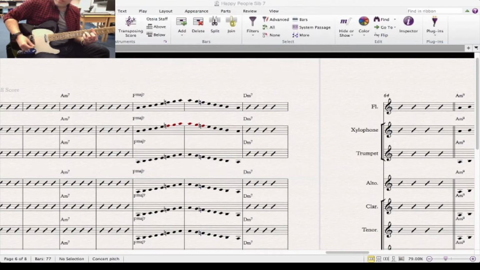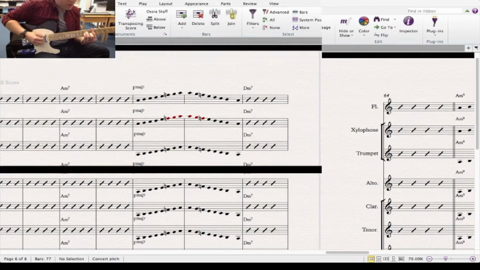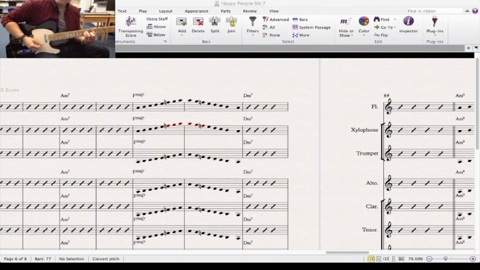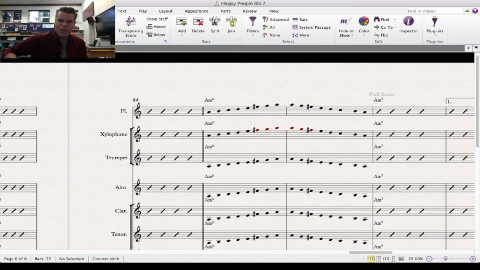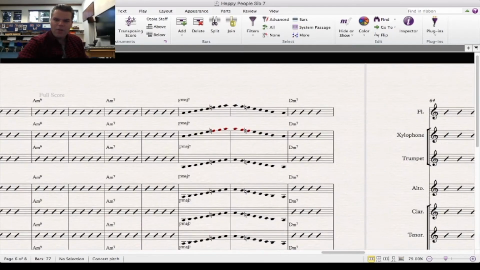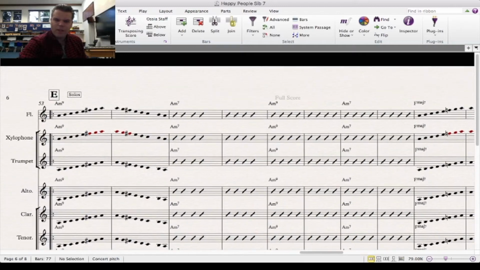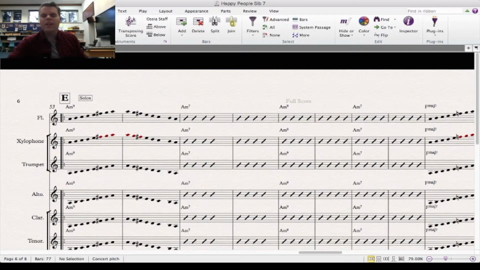That concert C is going to give us our D minor 7 sound. Here's just D minor by itself. Here's D minor 7. So they are the 4 chords that hone in and give us our harmonic template, if you will, to play the song.